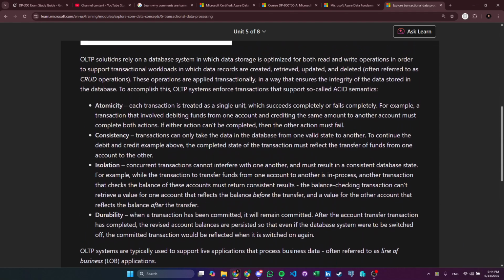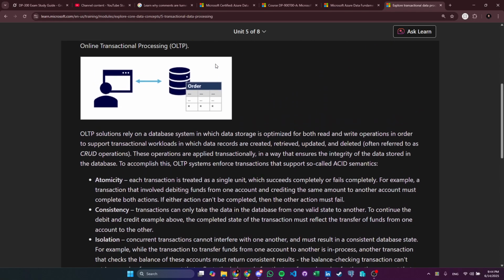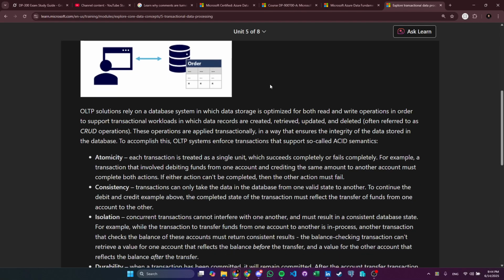OLTP solutions rely on database systems in which data storage is optimized for both read and write operations in order to support transactional workloads in which data records are created, retrieved, updated, and deleted, often referred to as CRUD operations. Basically, when we're dealing with databases, the databases are built for faster read and faster write.